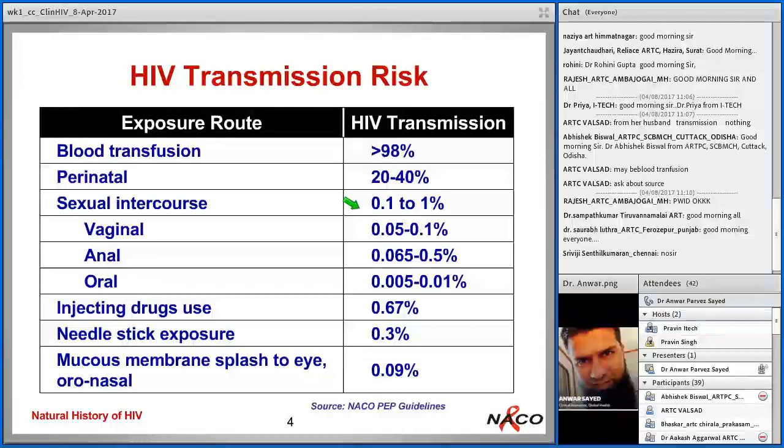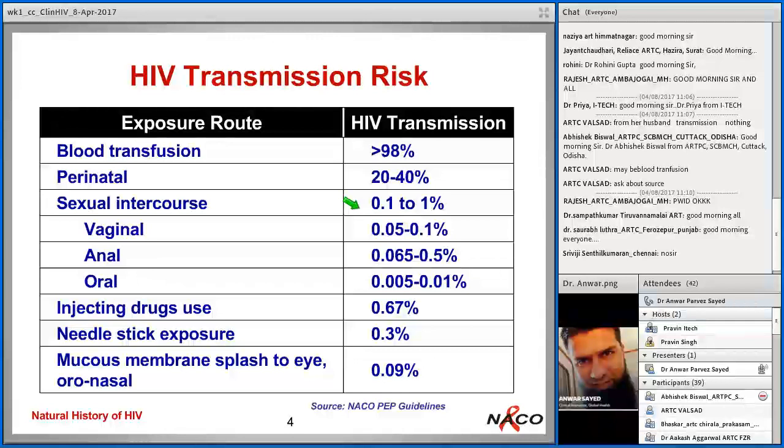But then why is it that the most common mode of transmission is sexual? Because all the other modes of transmission may or may not happen repeatedly, but sex is one thing which repeatedly happens. It is a normal physiological activity which everyone does. Because of these repeated exposures, risk of transmission increases.